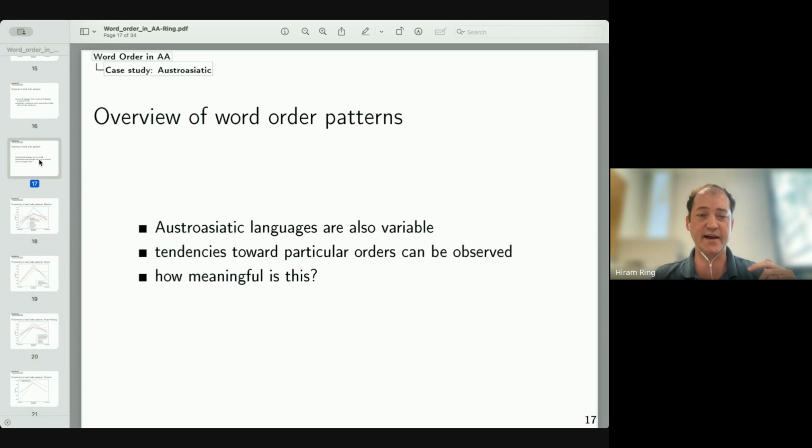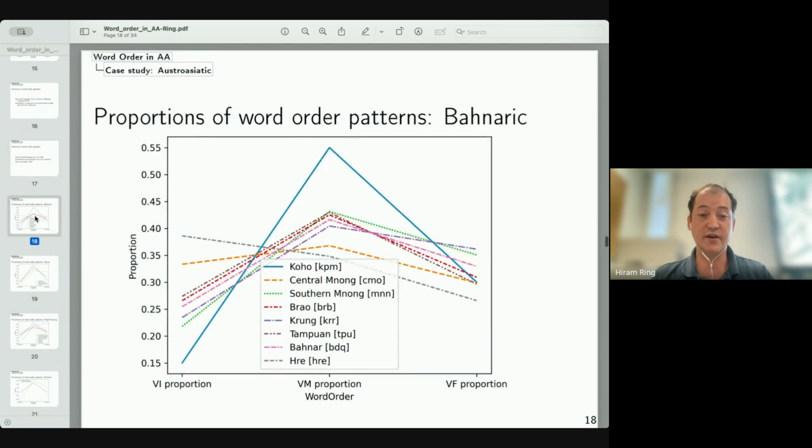Now, Austroasiatic languages are also variable, and we can observe tendencies toward particular orders. And one question we can ask is, how meaningful is this? If we take an overview of, say, Bahnaric languages, based on this corpus, we find that most of them have a verb medial profile if we compare with the 1,200 languages overall.